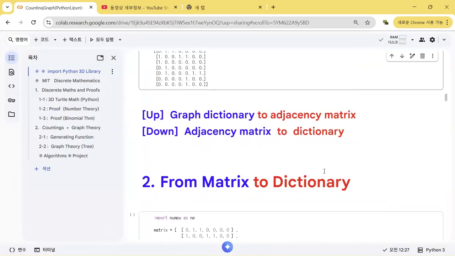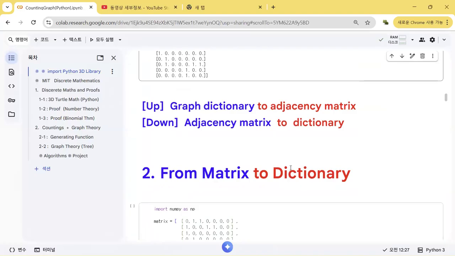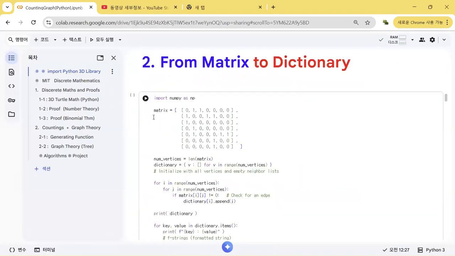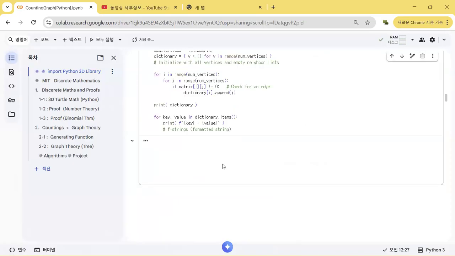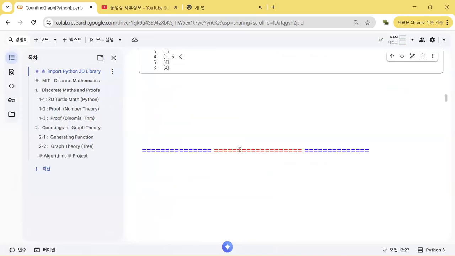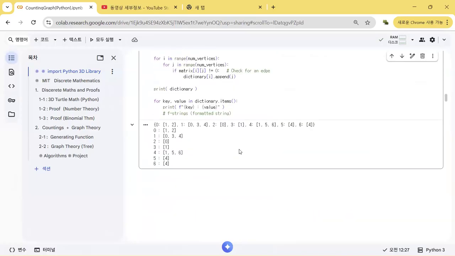Then what's the next code? The next code is, suppose you have an adjacency matrix like this. How can you get the corresponding dictionary representation? So let's click this one. Then what do you have? From here, the final result is this one. Okay. So this is a dictionary representation.